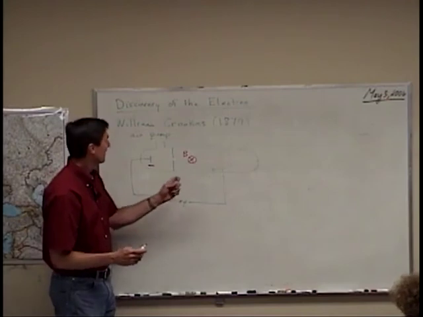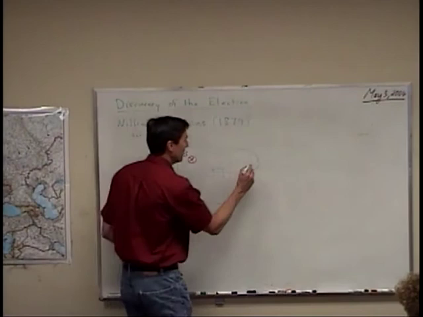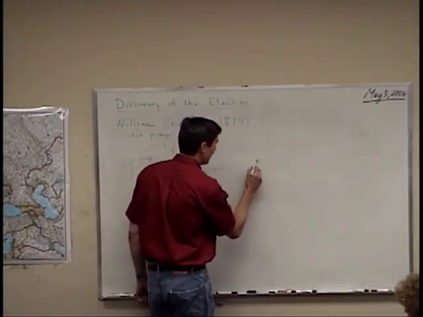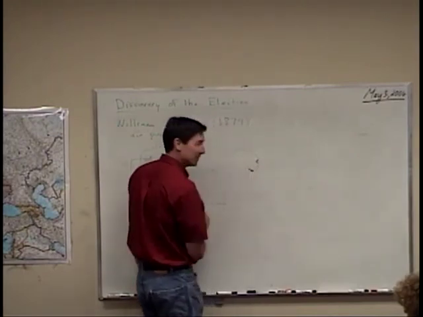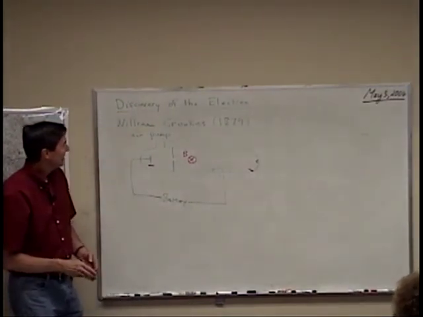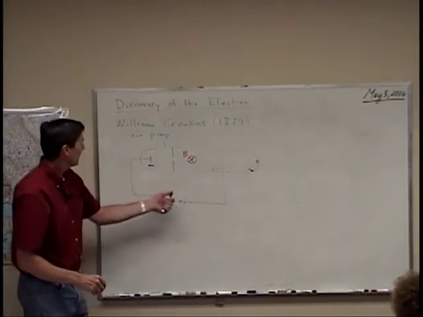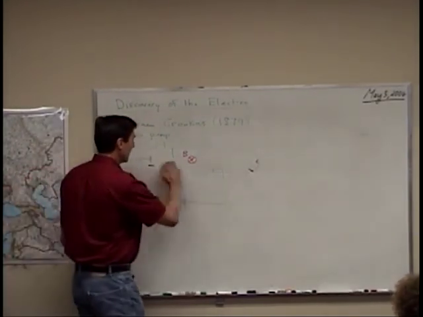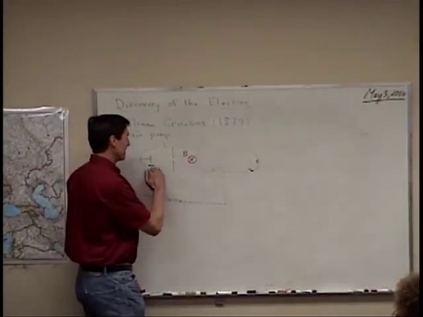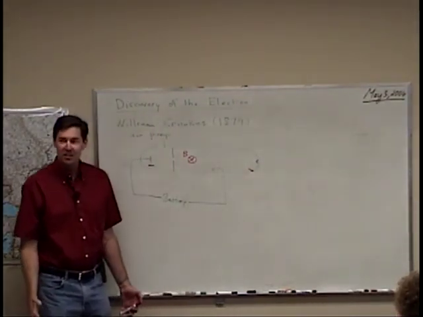But Crookes tests it. He holds his magnet up there. Sure enough, this light spot that had been hitting the tube here moves down and is hitting down here someplace. So now he's got good, solid evidence that with this setup of his, what he's actually seen here is a beam of negatively charged particles.